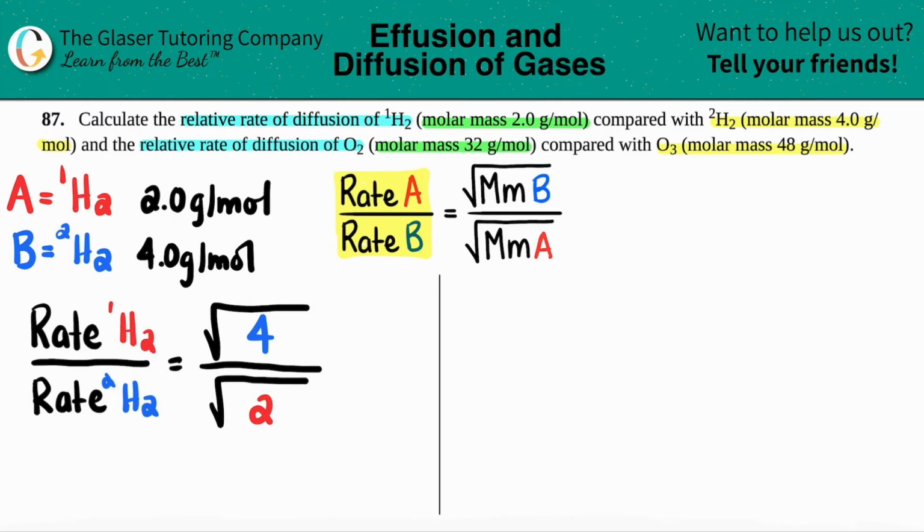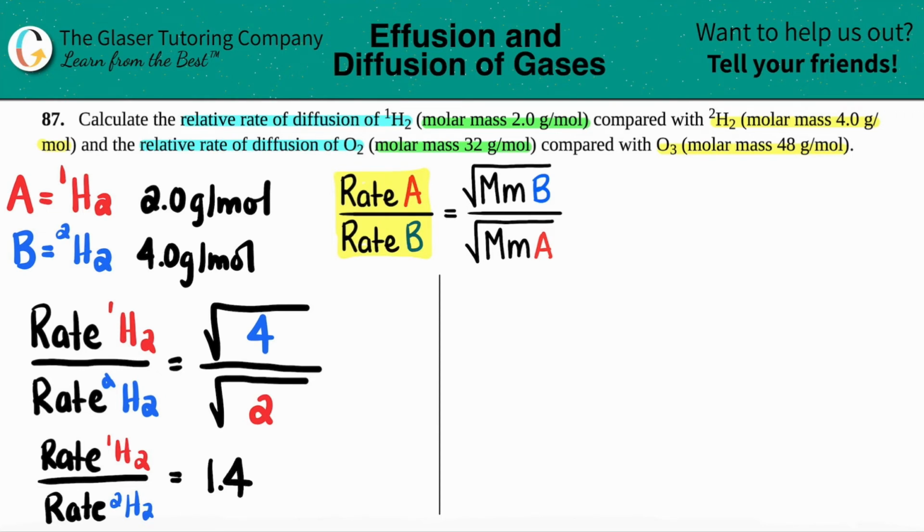Okay, so now we're going to solve for the rate. All I have to do is the square root of 4 divided by the square root of 2. It's basically 2 divided by the square root of 2. So let's see what we get. The rate of the first one, H2, divided by the rate of the second one, and the answer that I come out with is 1.4.